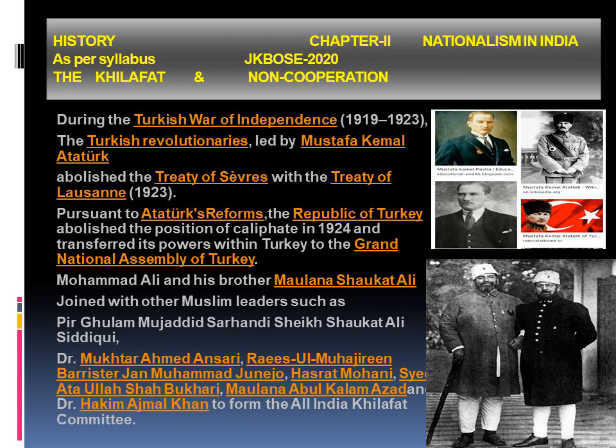They were joined by a lot of religious scholars and prominent Muslim reformers, namely Dr. Mukhtar Ahmad Ansari, Raisul Muhajirin, Barrister Jan Muhammad Junejo, Hasrat Mohani, Sayyid Ataullah Shah Bukhari, Maulana Abul Kalam Azad, and Hakim Ajmal Khan, in order to form the All India Khilafat Committee.